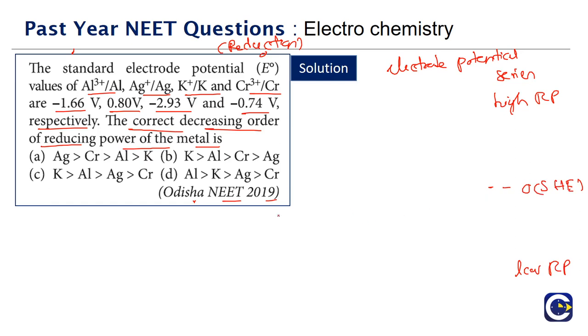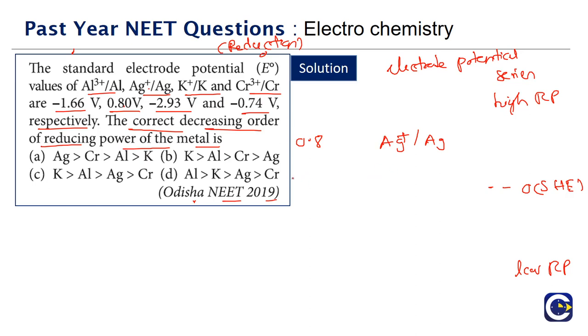So then the analysis will start. So first look at this, which is the highest among them. We also have to consider the sign. The second one you can see 0.8. What is it? Silver. So first is silver, that is 0.8. Then all are negative. So the least negative is what? This one is the least negative, minus 0.74.